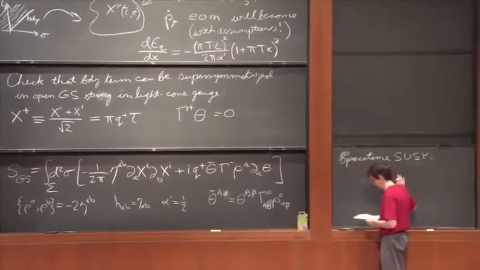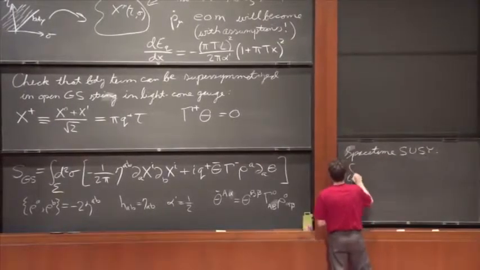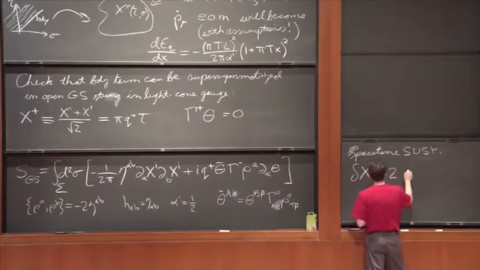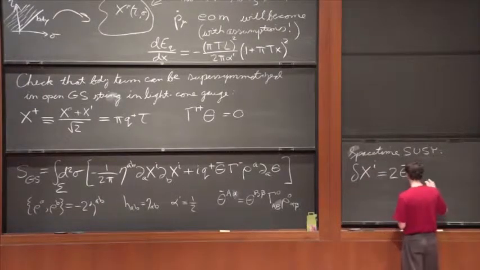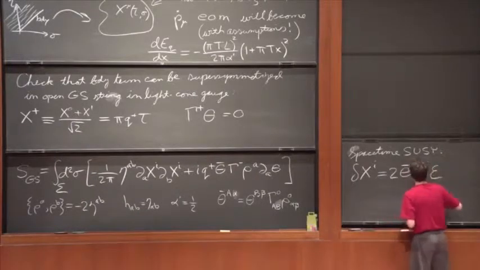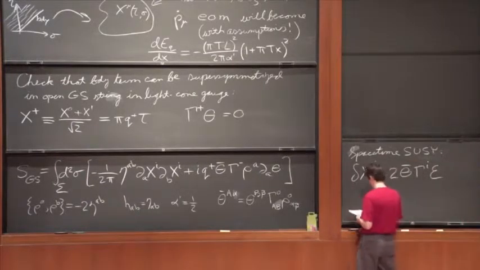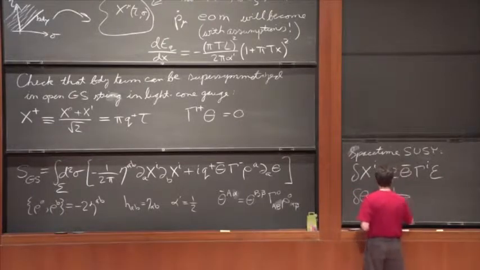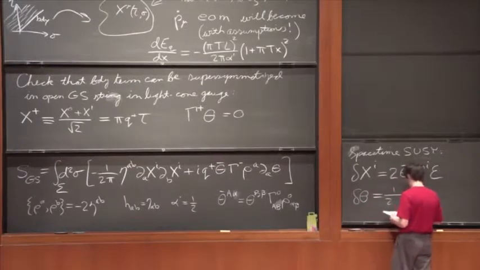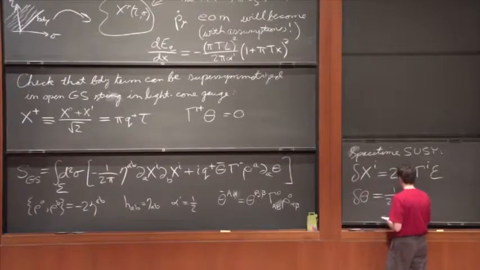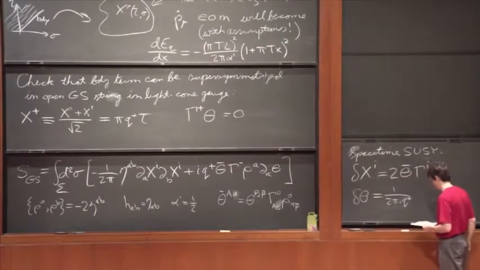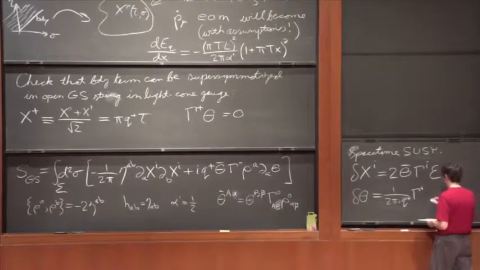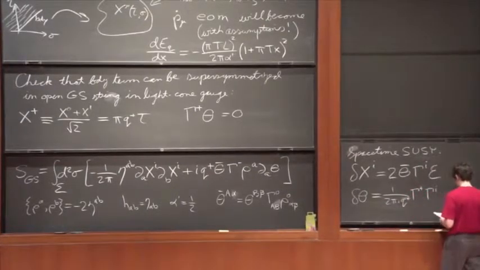The supersymmetry transformations are delta X^I equals 2 theta bar gamma^I epsilon, and delta theta equals basically d_alpha X with some fancy prefactors so that the variation of that Green-Schwarz action will vanish.